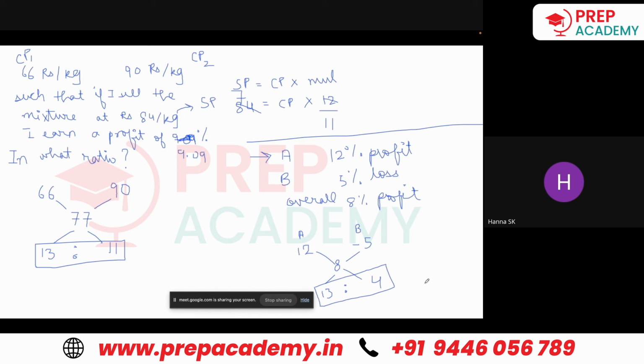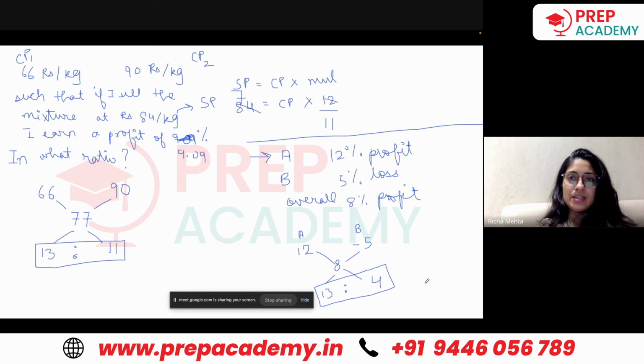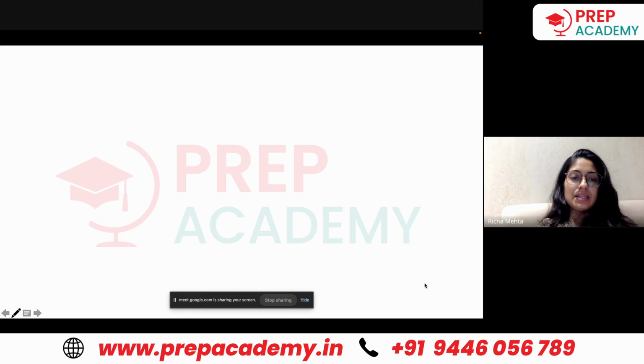Okay. Then let's see one more type of question in this. Instead of mixing two things, let's say there is a mixture A which has milk and water in the ratio, let's say 3:4.